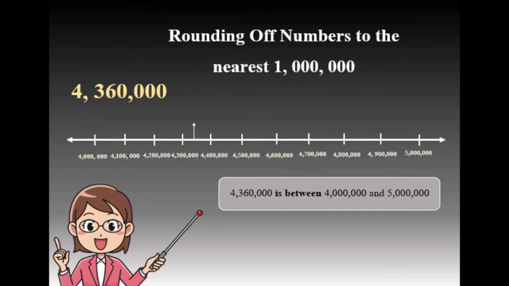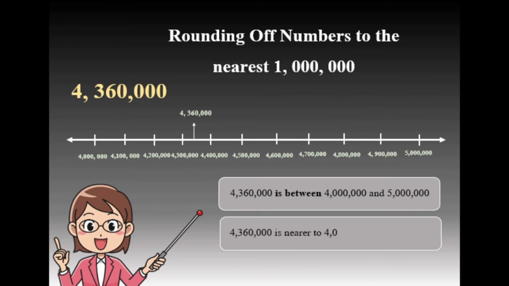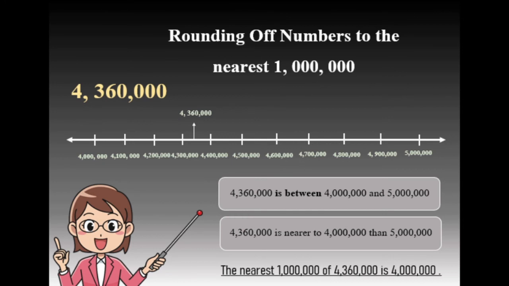And it's located over here. So it's near to 4 million. So the nearest 1 million of 4,360,000 is 4 million.